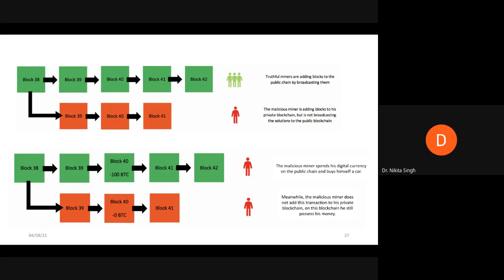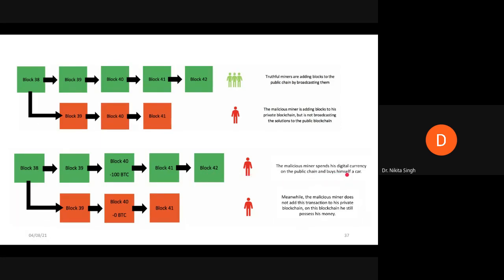Now, let us assume that this corrupted miner has some amount of bitcoins with him. Say, suppose he had 100 bitcoins with him. Okay. So let us assume that this malicious miner spends his digital currency, that is, he spends his 100 bitcoins on the public chain, and he buys himself a car.